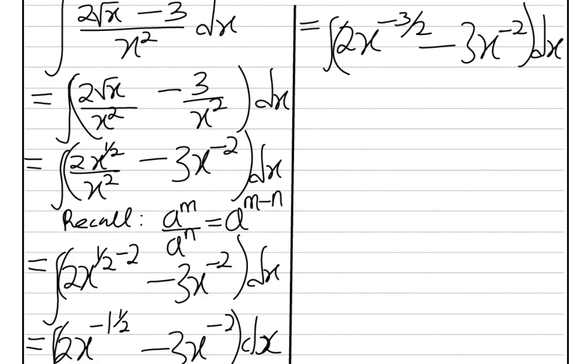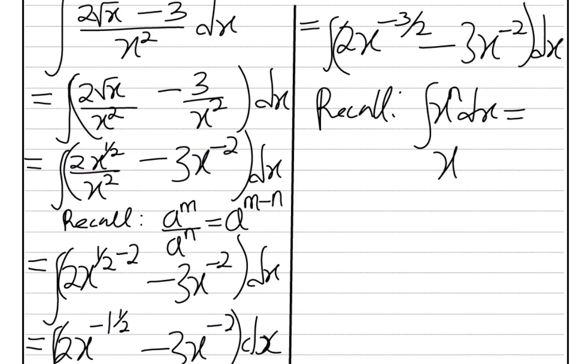Now we have expressed the two terms inside the integral such that each of the terms comprises indicial expressions in its finite indicial expression form. Now recall, if you are integrating, when you have the integral of x raised to the power of n dx, we have this to be what? Equal to x raised to the power of n plus 1 divided by n plus 1, then plus c, where c is called the arbitrary constant. n could be any number.